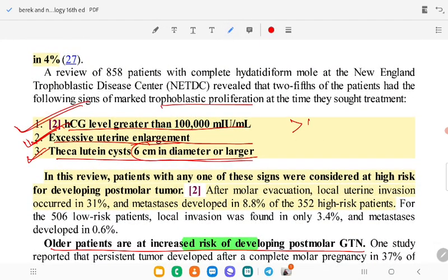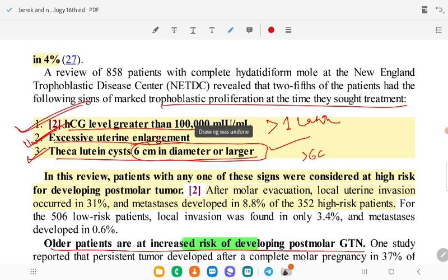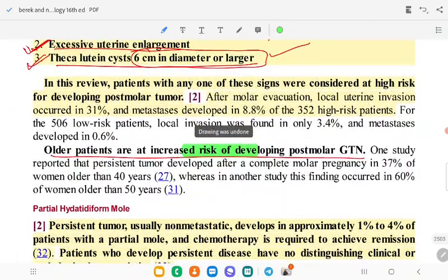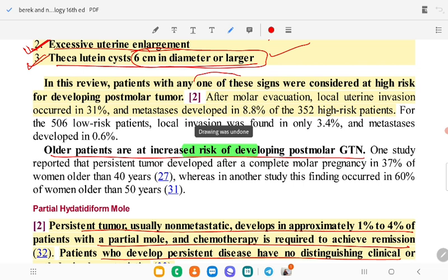Beta hCG more than 1 lakh, and 6 cm or more enlargement. In this review, if the patient develops any one of the signs like beta hCG more than 1 lakh, uterine size more than 6 cm, then these are all high risk for developing post-molar tumor.